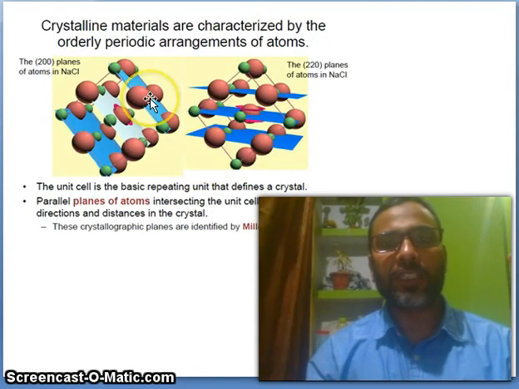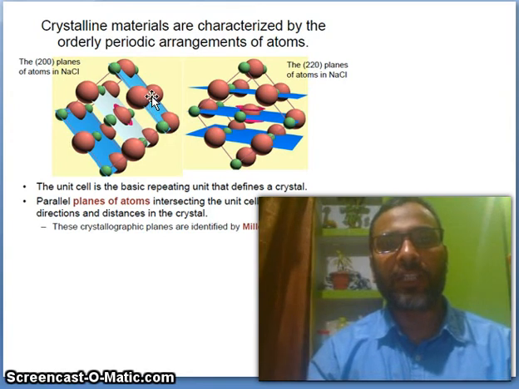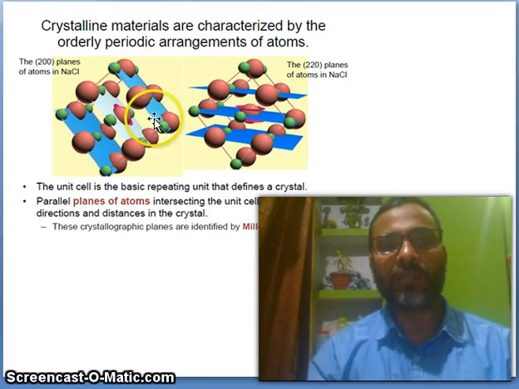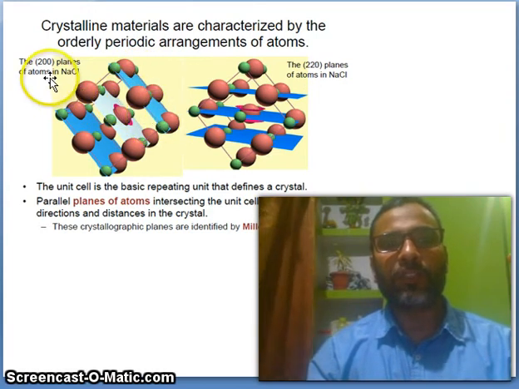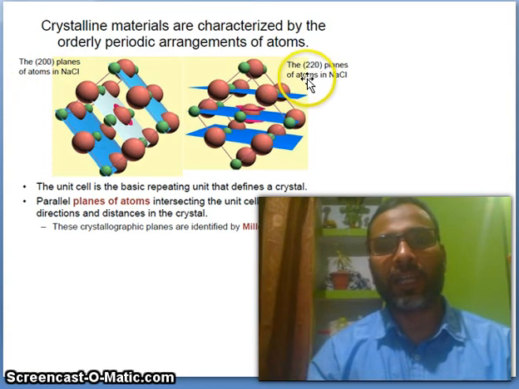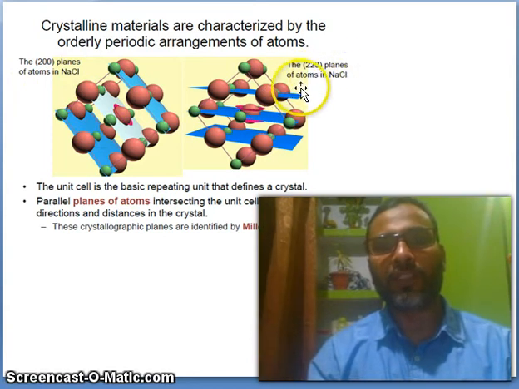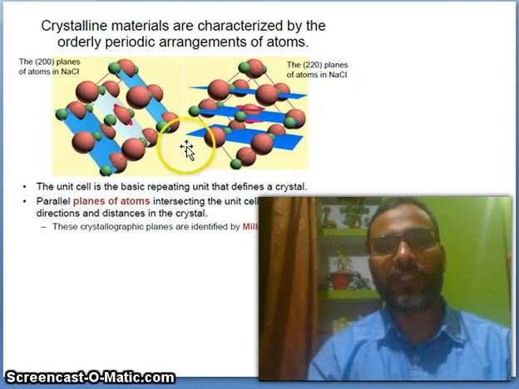Now crystalline materials are characterized by the orderly periodic arrangement of atoms. You see, there is an order of arrangement. The 200 planes of atoms in sodium chloride and the 220 planes of atoms in sodium chloride.